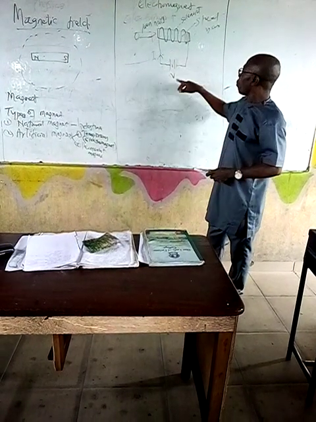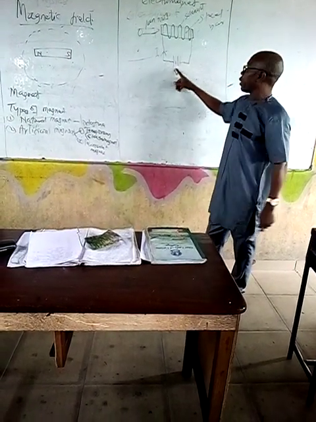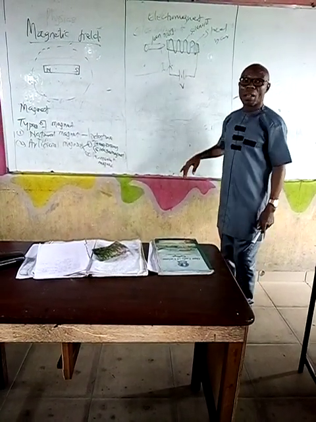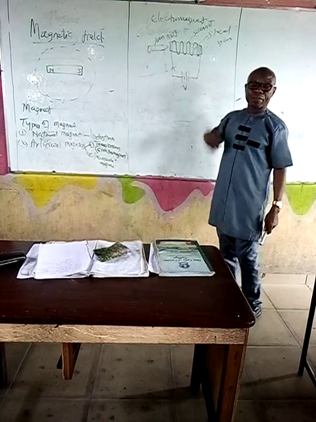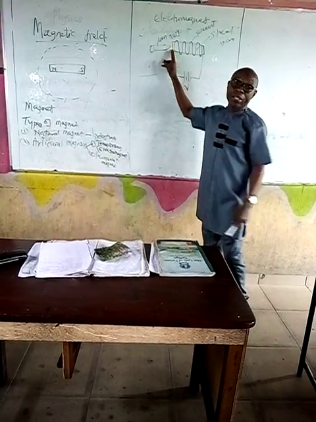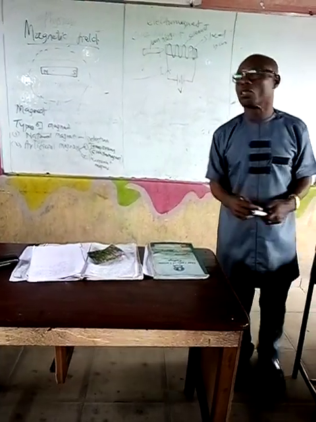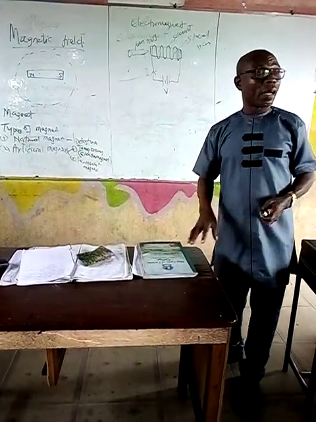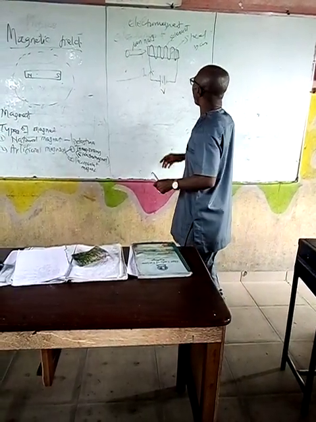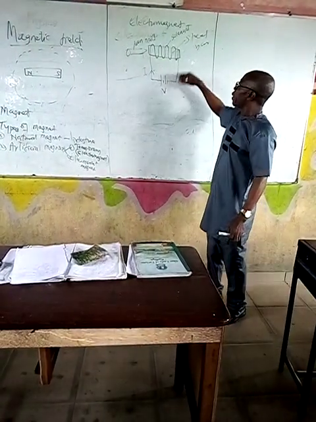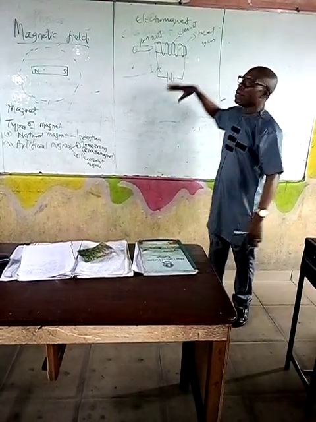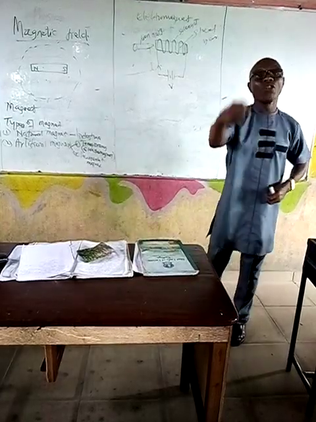If you disconnect this battery from the steel bar, current will stop flowing. And if you bring this nail back to this end of the steel bar, there will be no attraction because the steel bar has lost its magnetism. So the magnetism acquired by the steel bar is a result of the current flowing through it.